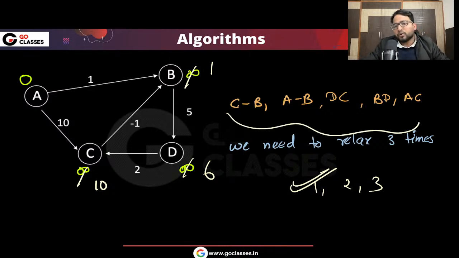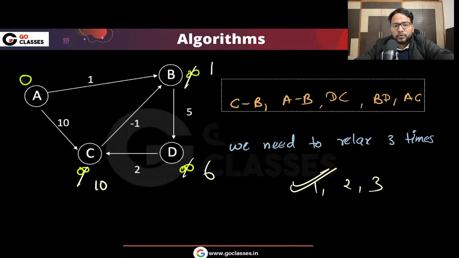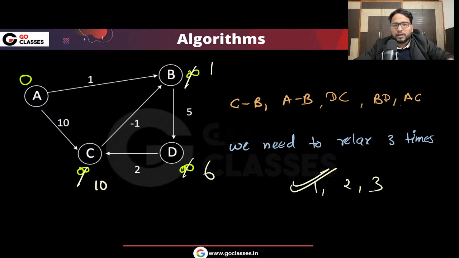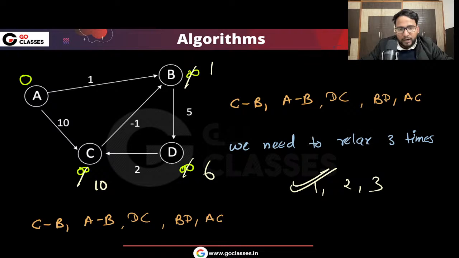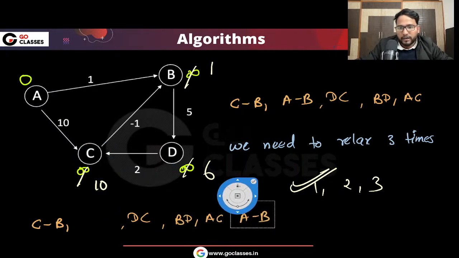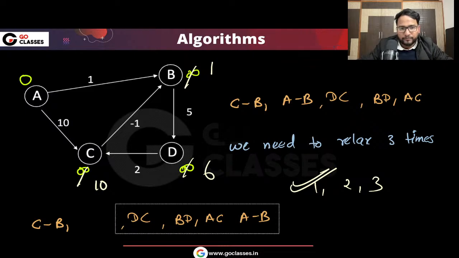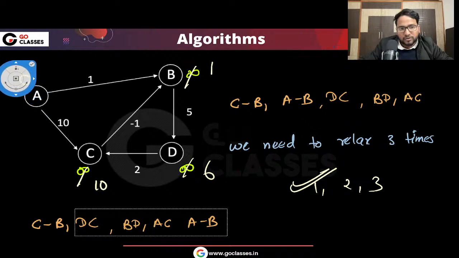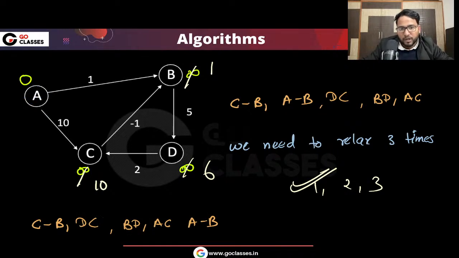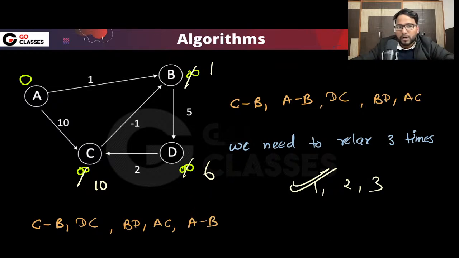For the second iteration, let's suppose I choose this order where I relax AB later on, at the last. So you can choose any order at any iteration. That's also a very interesting part of Bellman-Ford which many students don't know. They think that once the order is fixed, we need to relax in the same order. No, that's not the case.